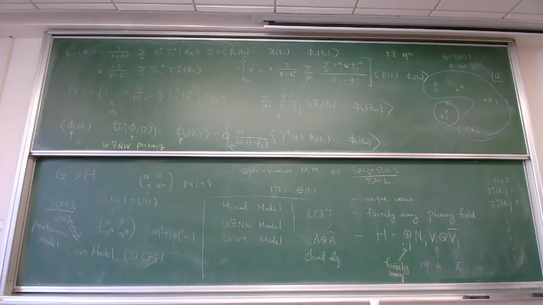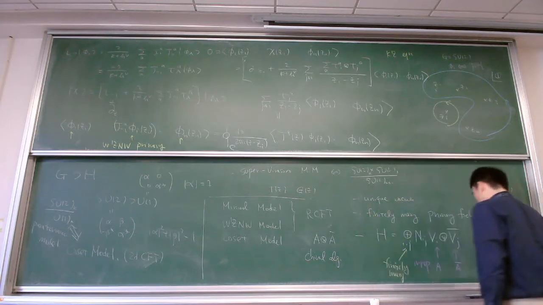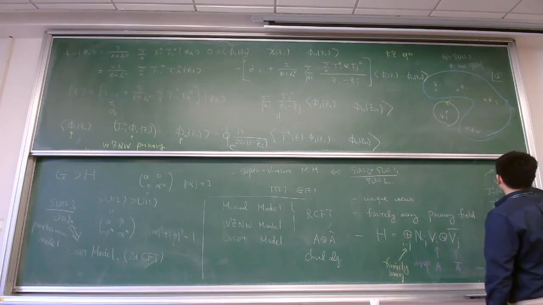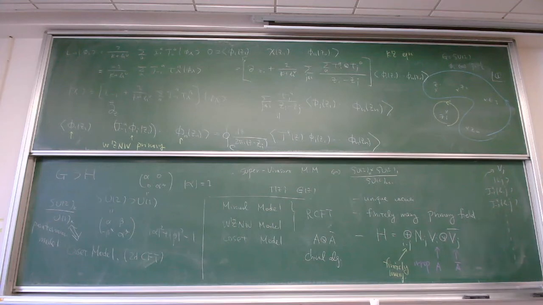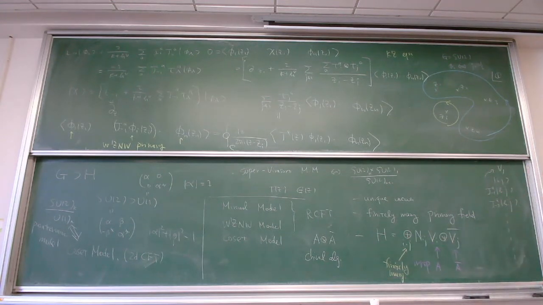You have to quotient out the null states to get the reduced representations. Those are Verma modules, and if you hit some null state, you have to throw it away. Then you can take a tensor product, with finitely many copies, and you get a Hilbert space. That's a typical feature of rational conformal field theory.